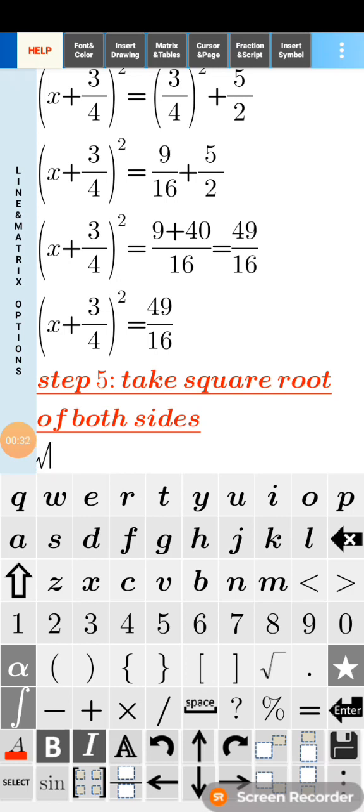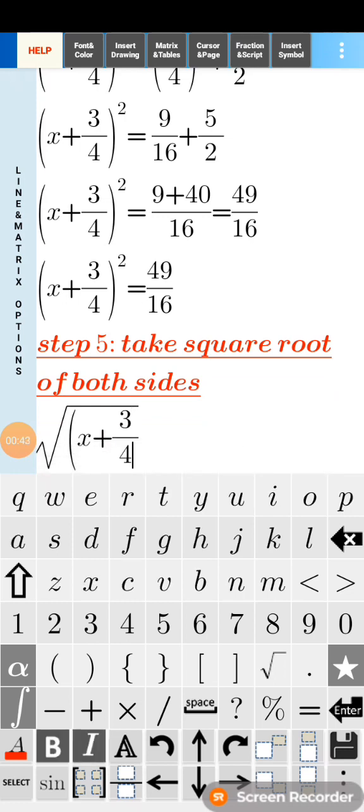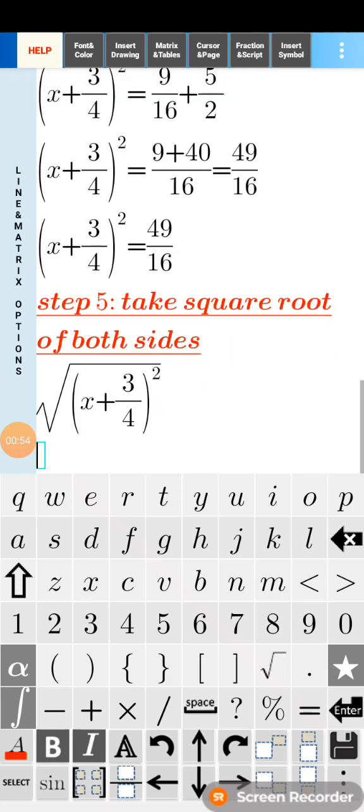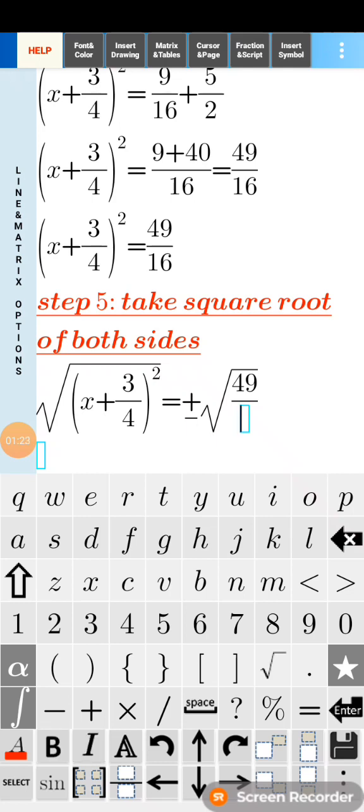So start by writing the square root of open bracket x plus 3 over 4, then we close this bracket, raised to power 2, equal to plus or minus root 49 over 16.